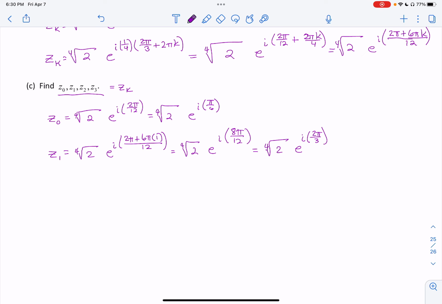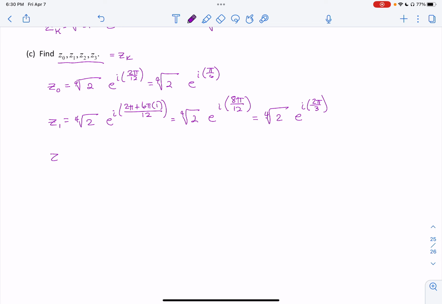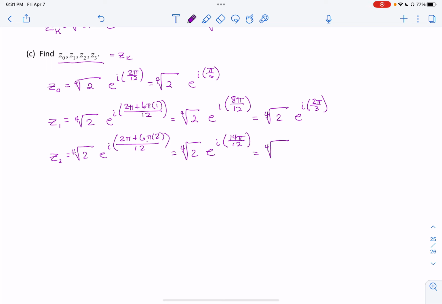Right? Yep. Z sub 2 is going to be the fourth root of 2, e to the i, and this time I have 2 pi plus 6 pi times 2, all over 12. So that's 14 pi over 12, which reduces to the fourth root of 2, e to the i, 7 pi over 6.